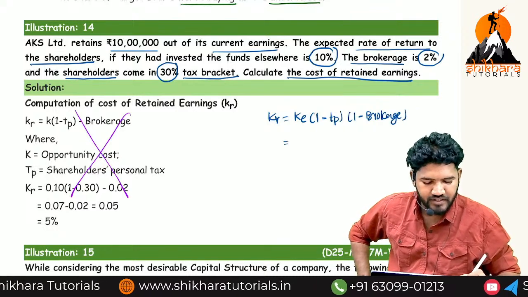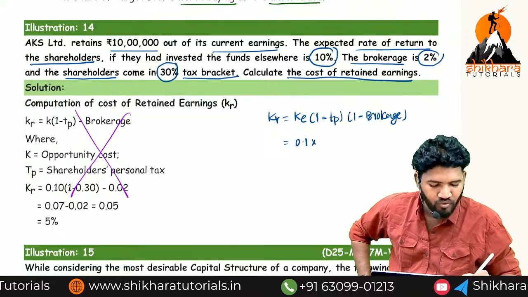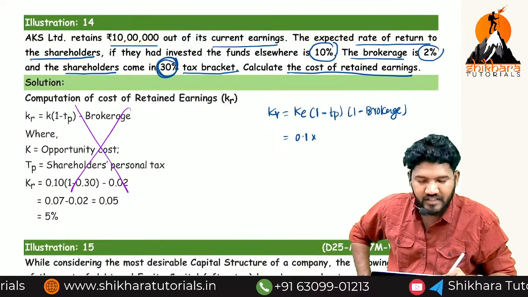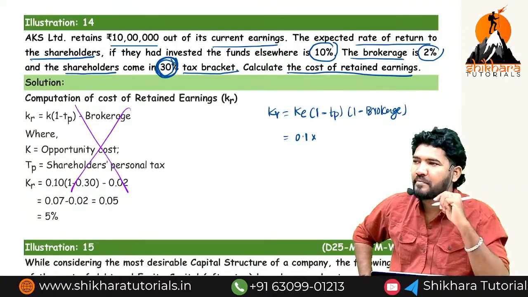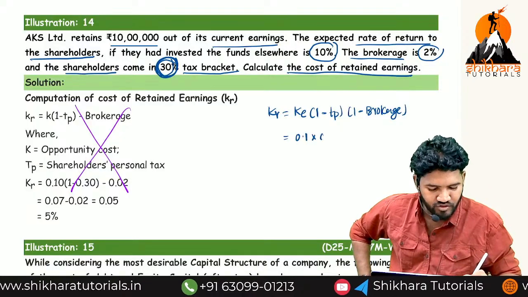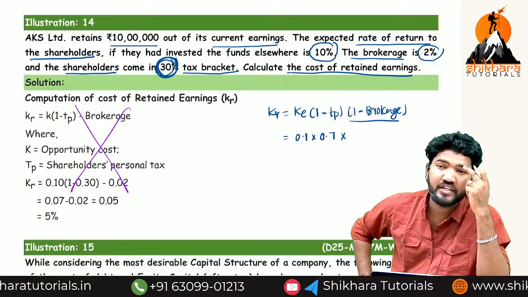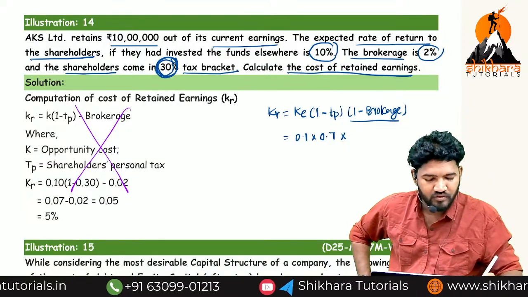Now what is the expectation? 0.1. Out of that they will give only 30% or 70%? 70%. 1 minus 0.3 means 70%, into 0.7. Out of that value, you have to pay brokerage, na? How much? 2%.